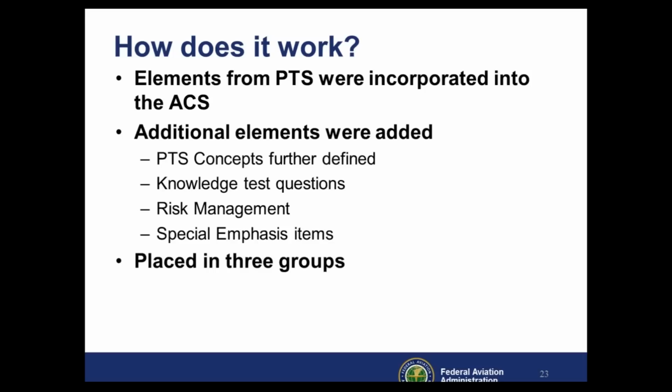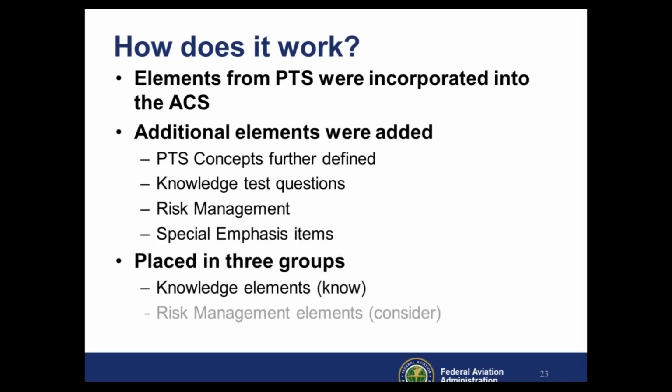We did place those elements into 3 groups because there were so many, and really they behave a bit differently. One group is knowledge elements. Those are things that you would need to be able to know, generally speaking. Then we have risk management elements. Those are things that the applicant should consider, risk items during the practical test.